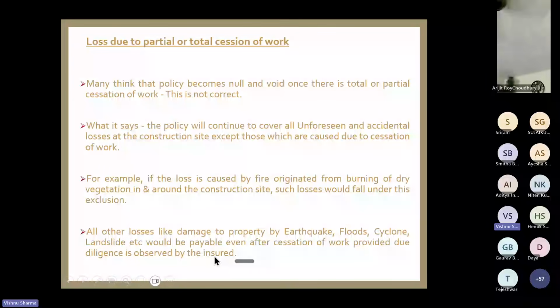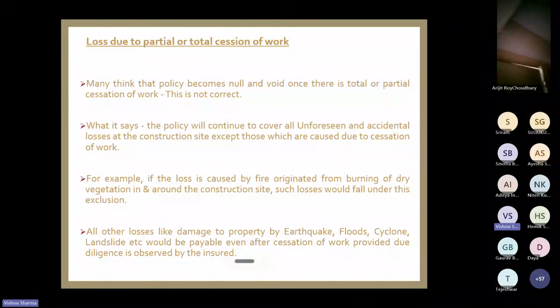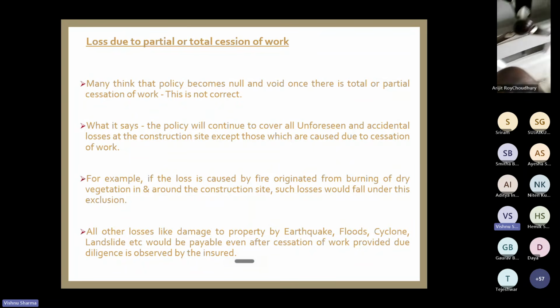What does it mean? He has taken adequate precaution once the work has stopped at the construction site. So what precautions? He has covered the critical machinery, plant and machinery, with proper tarpaulin or something. Then some of the critical machineries are stored in closed godowns at an elevated height, so that if there is some heavy rain and inundation, they are not affected.